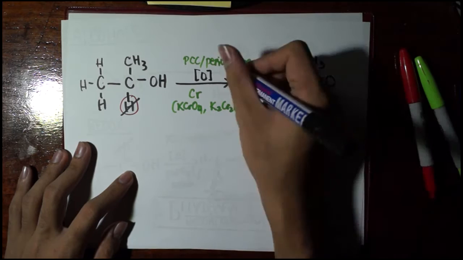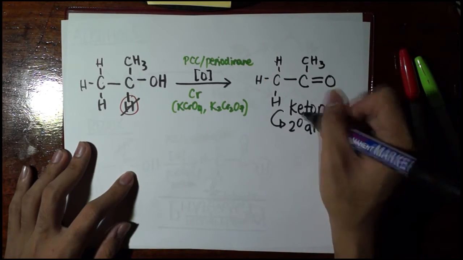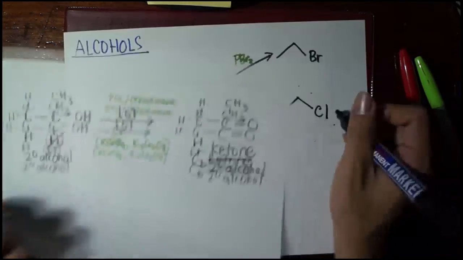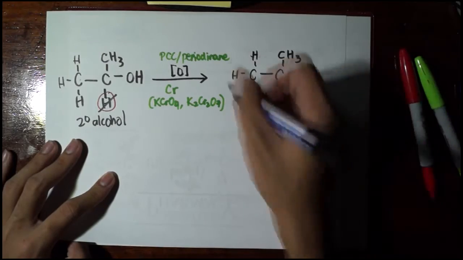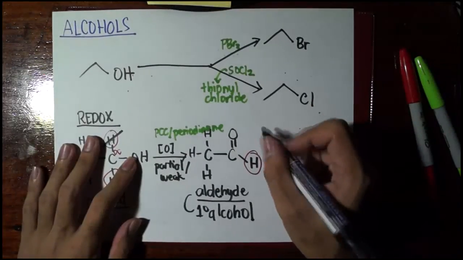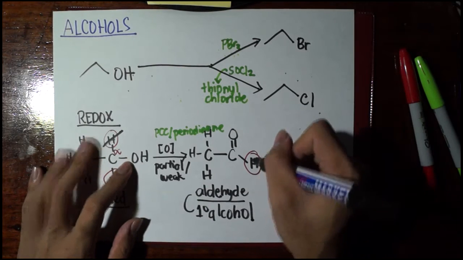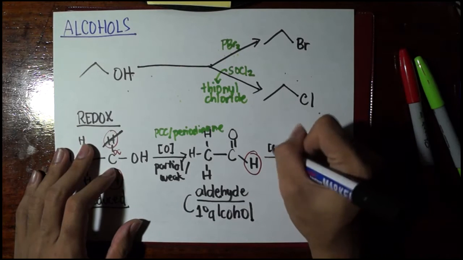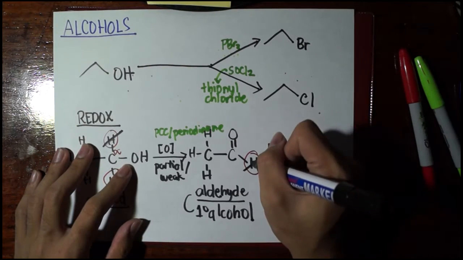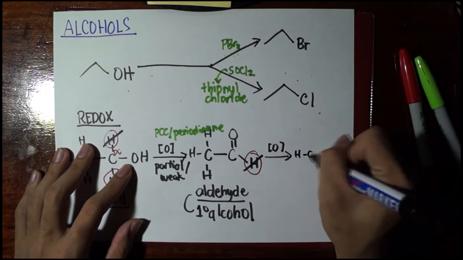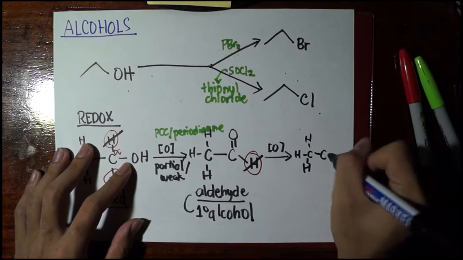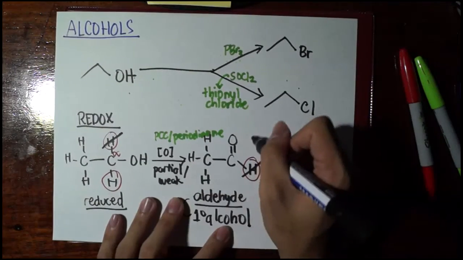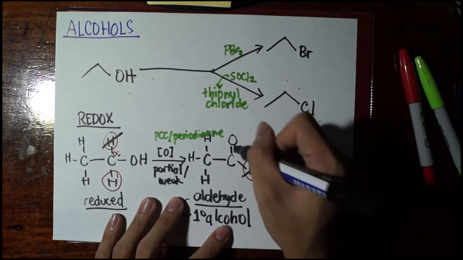It doesn't matter if it's weak or strong oxidation. As long as you oxidize a secondary alcohol, you will produce a ketone. Now, the ketone cannot be oxidized further, but the aldehyde can, because the aldehyde still has one H left that can be used for further oxidation. And if we do oxidize that further, the H will be replaced by OH. If we replace the H with OH and copy everything else, what do we now have? We used to have a formyl group here, CHO.